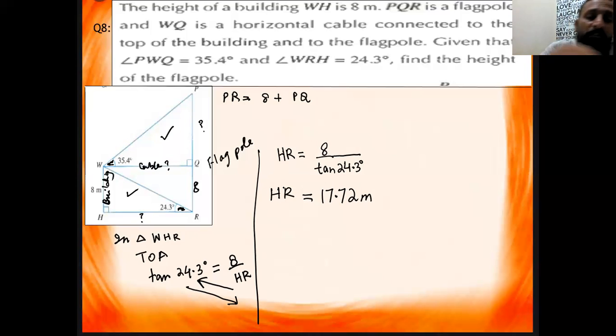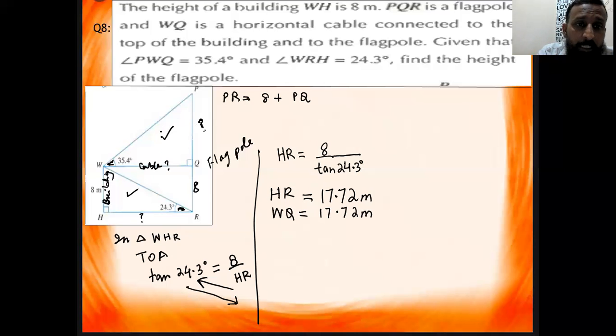Now, remember, I told you this is a rectangle, the opposite sides are equal. It also means that WQ is also the same, 17.72 meters. Okay, this is not our answer, boys and girls. The required thing is to calculate the height of the flagpole. In order to calculate the height of the flagpole, we need to calculate this much distance, that is PQ.